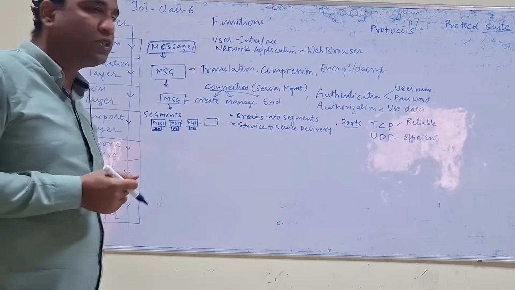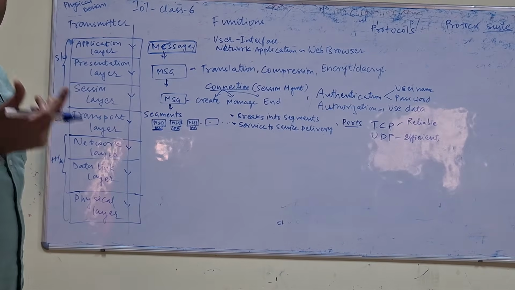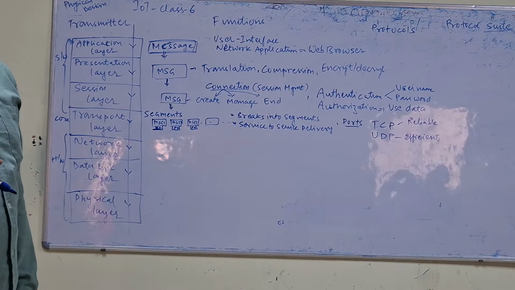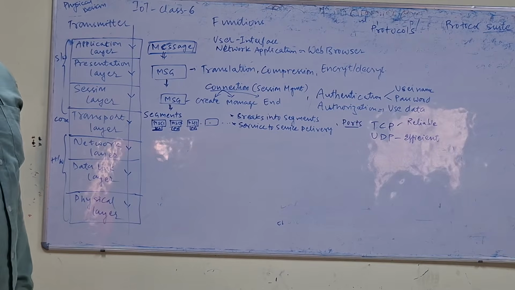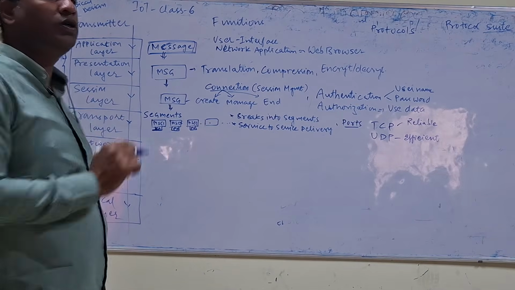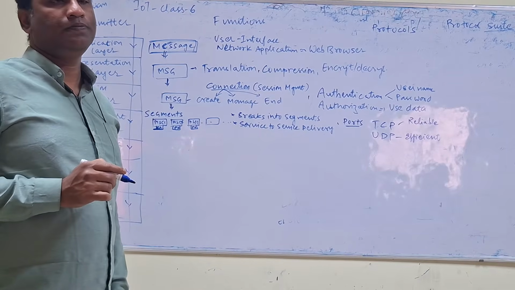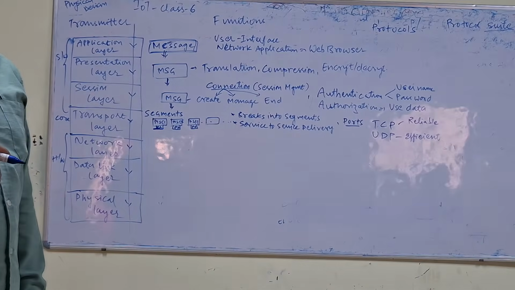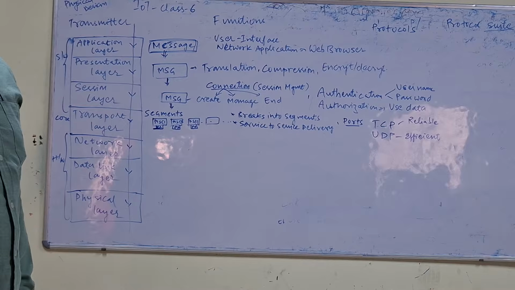For example, a WhatsApp message. When you type a WhatsApp message, the message exactly as you typed it should be received. Not even one character should go missing. Then I will go for TCP. In a WhatsApp call, if something is missing for a second or two, no problem.